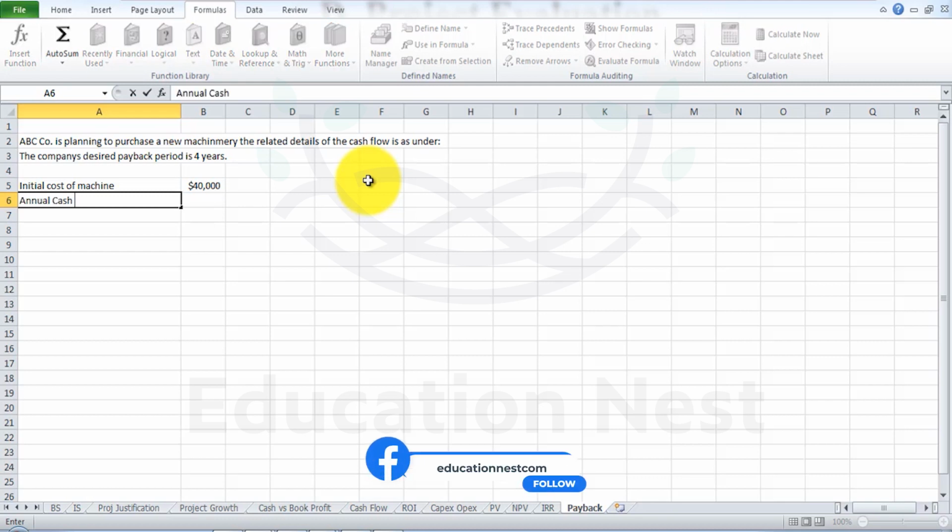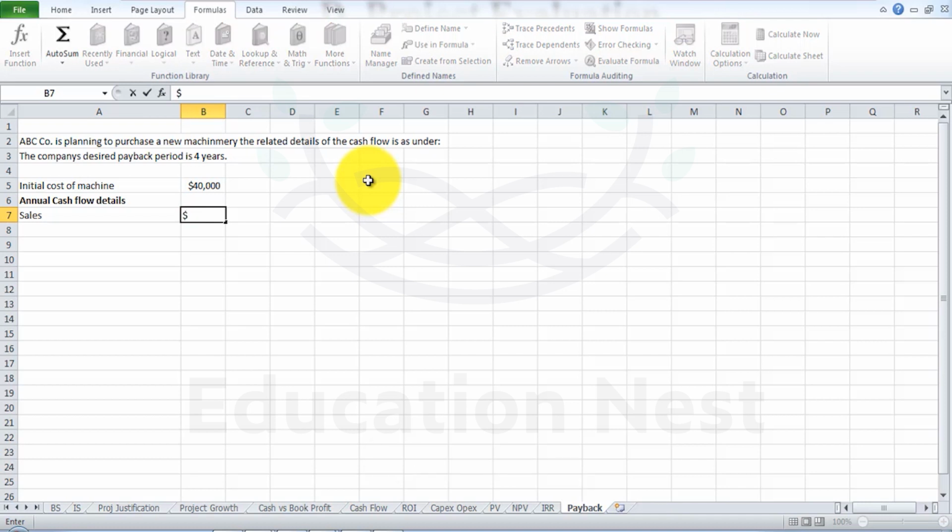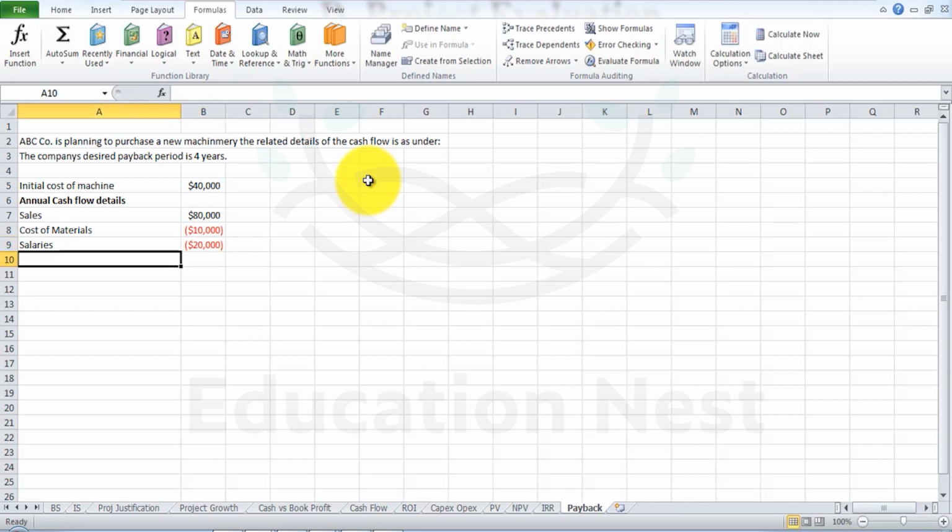Annual cash flow details. Sales will be, supposedly, $80,000, and cost of materials around $10,000 of outflow. Salaries another $20,000.